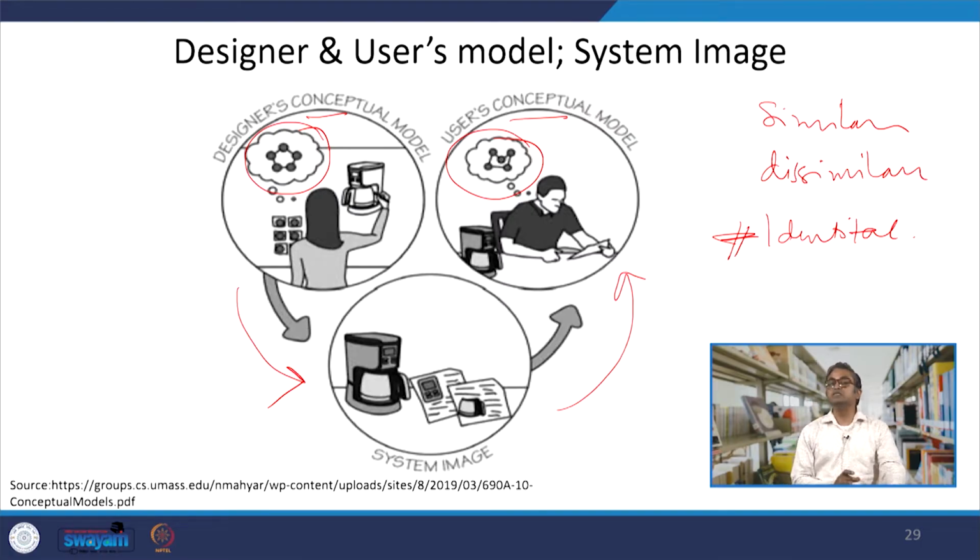The way the designer is thinking, the way the designer is designing the model, it cannot be identical to the user. So these two conceptual models can be similar or dissimilar in nature. Similarity should be there to help and assist the user.